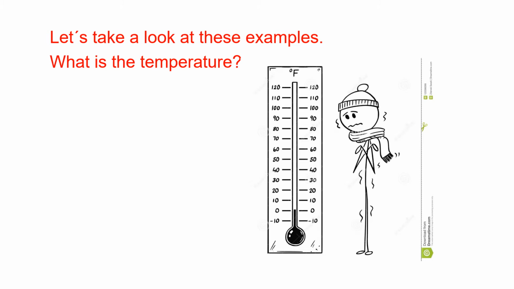It is 0 degrees. 0 degrees Fahrenheit. Do you see? Now you are going to read the sentence and you are going to repeat after me. It says, it's 0 degrees Fahrenheit. Now you repeat. It's 0 degrees Fahrenheit.